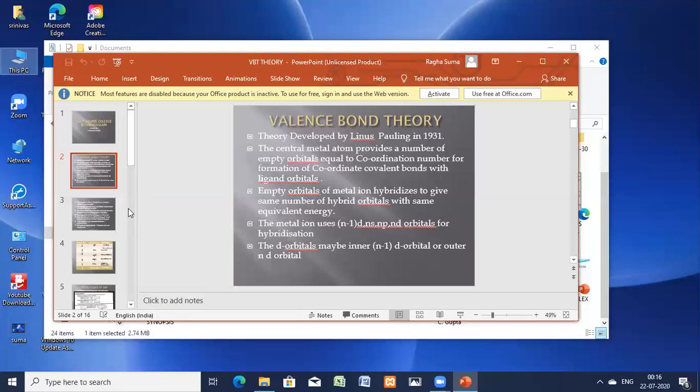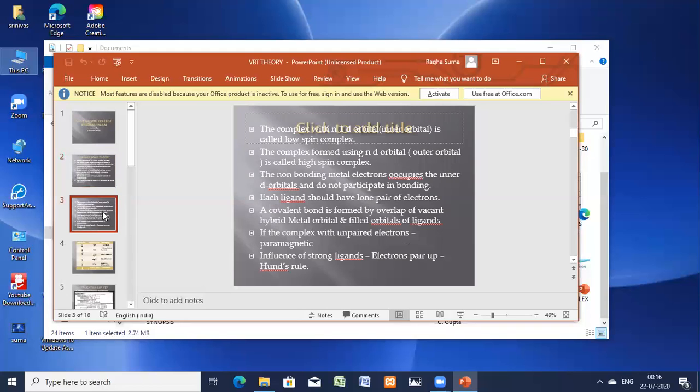Okay. Now, the next postulate: the complex with the n-1 orbital is an inner orbital complex, and that is a low spin complex. So if the n-1 d orbital is involved in the hybridization, then the formed complex will be a low spin complex.